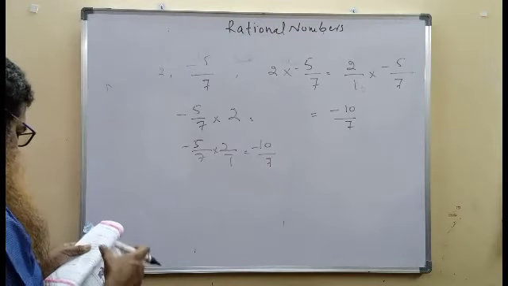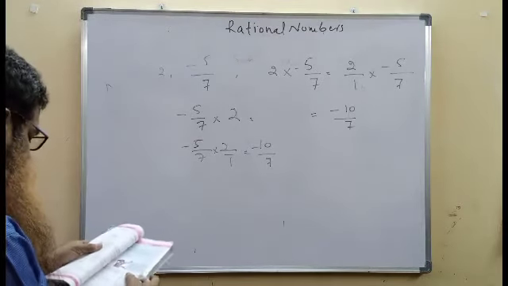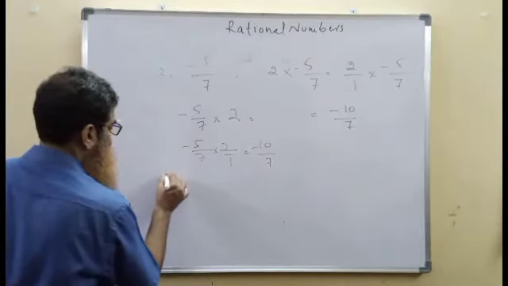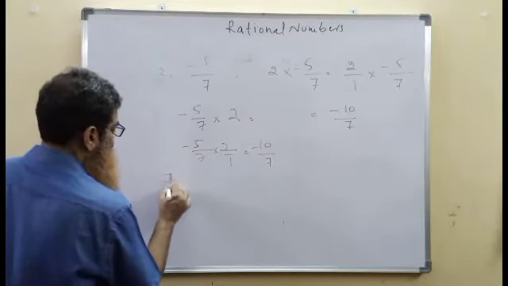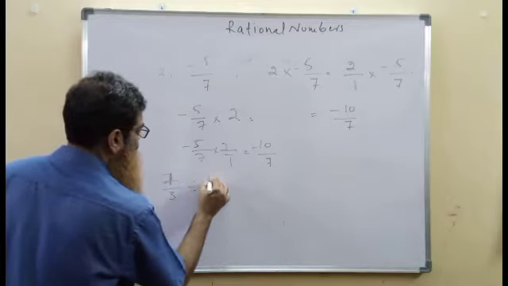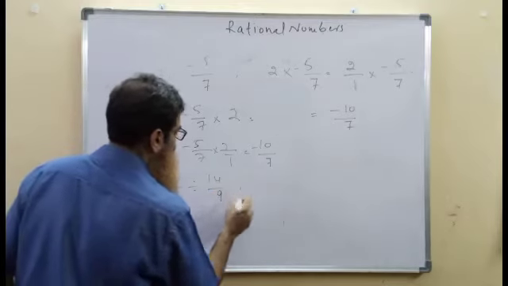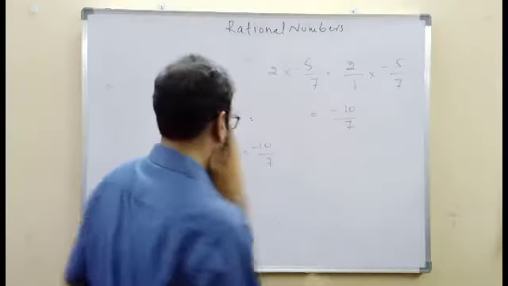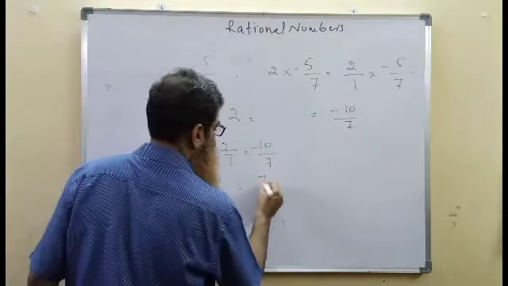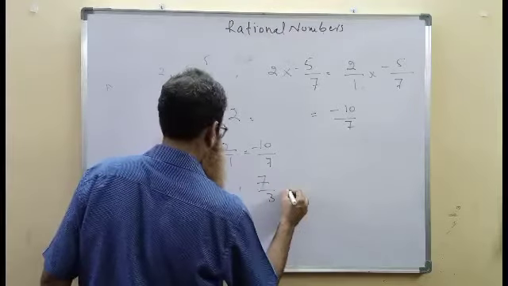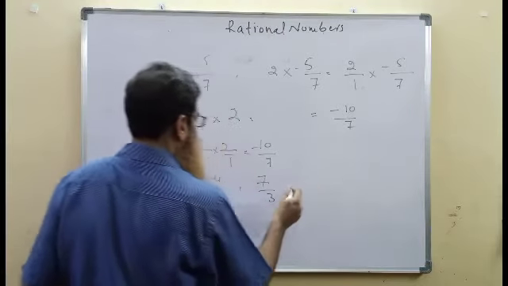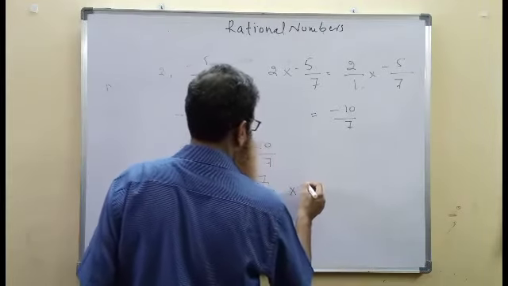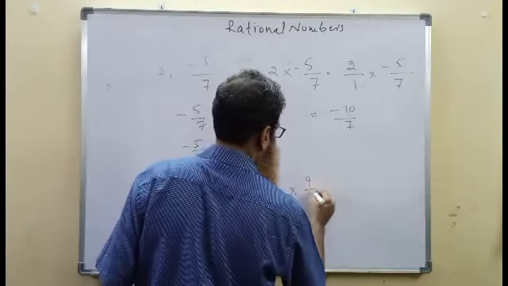Let two rational numbers be 7 by 3 and 14 by 9. 7 by 3 divided by 14 by 9. We know for division, we instead do multiplication by taking the inverse of one of the numbers.